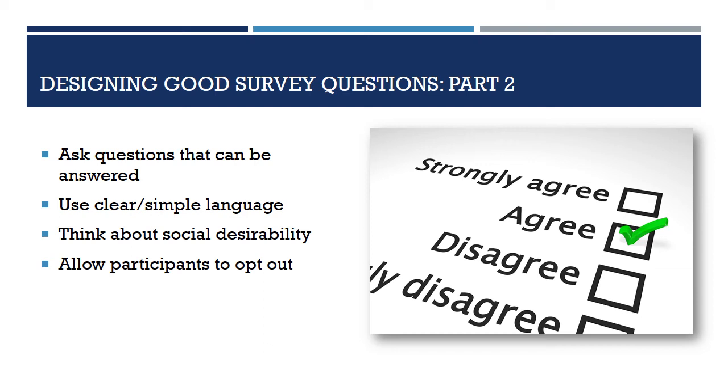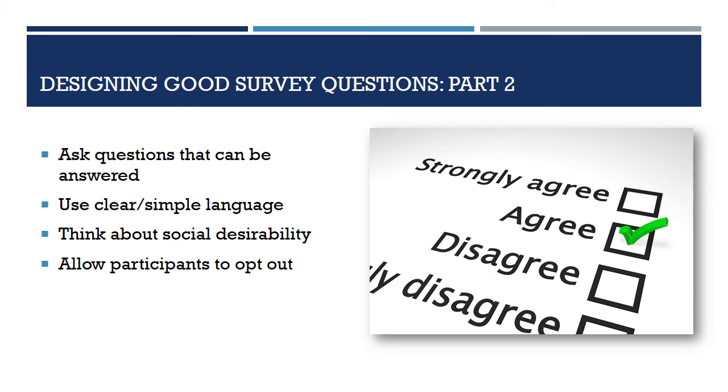Some additional keys to keep in mind are that it may be obvious, but you need to ask people questions that get at your hypothesis or research question that they can actually answer. You also need to use very clear language so that people understand the question, otherwise they may not give you information that's accurate to their experiences. In terms of social desirability, this means that people may answer a question in a way that is socially desirable, meaning that society thinks this way.